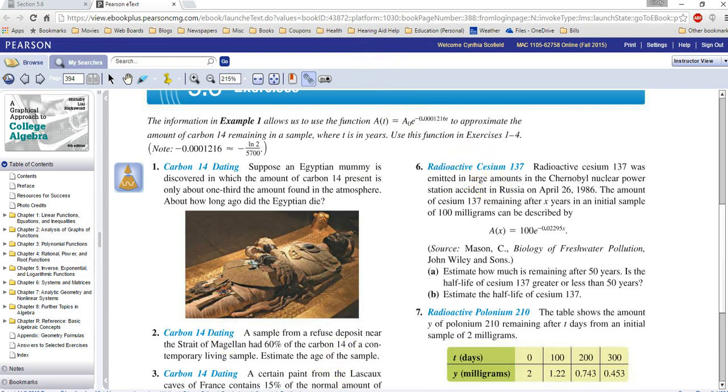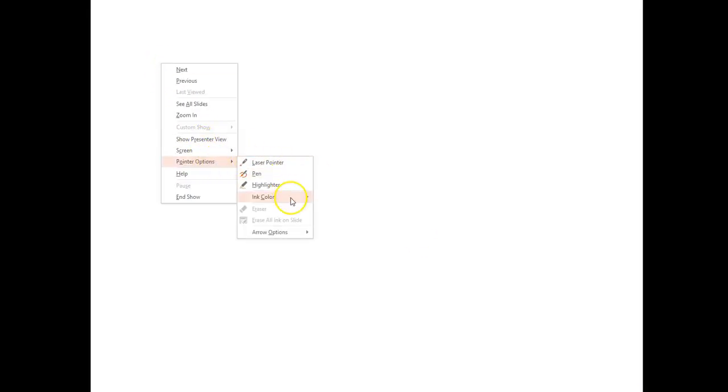Okay, so let me switch back to my PowerPoint here so I can do a little writing. So the original function looks like this. A of t equals A sub 0 times e to the negative 0.0001216t.